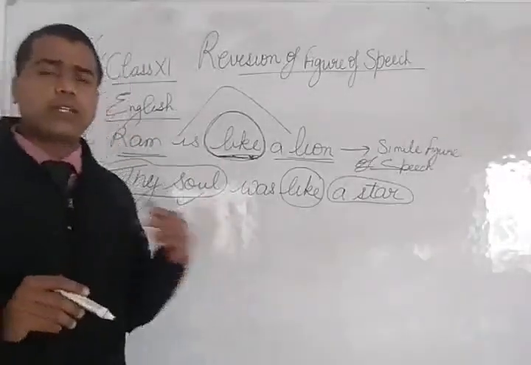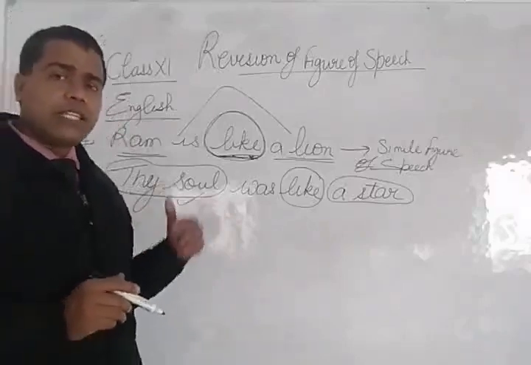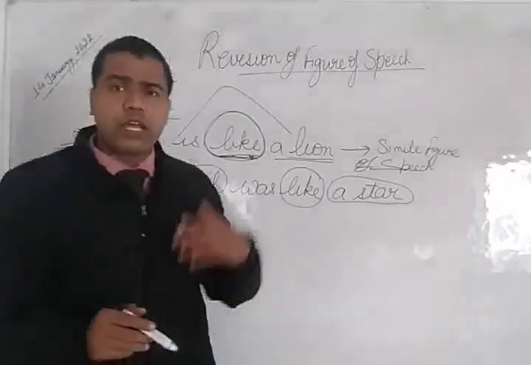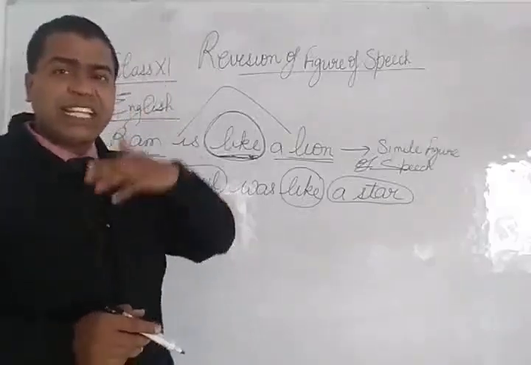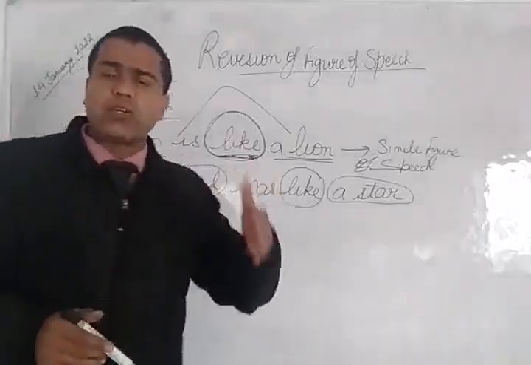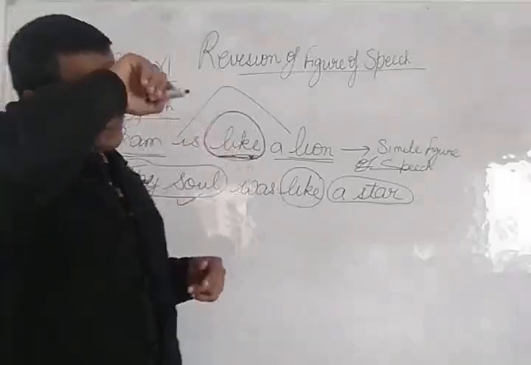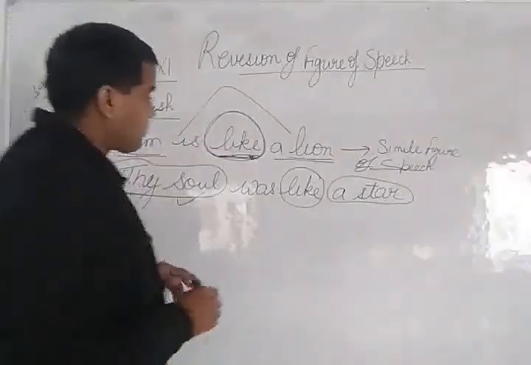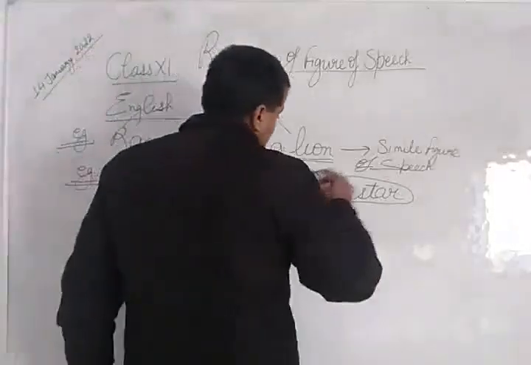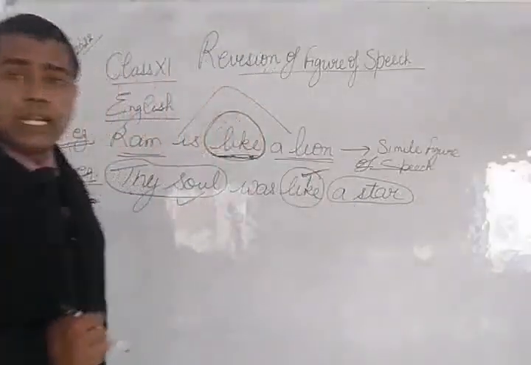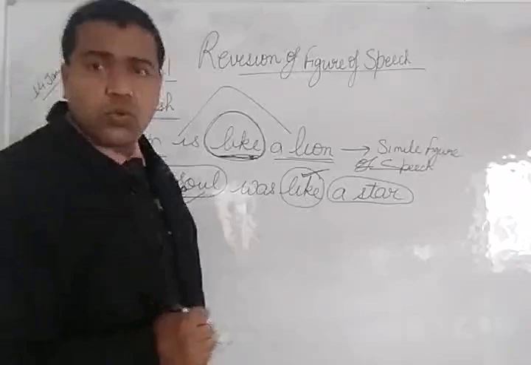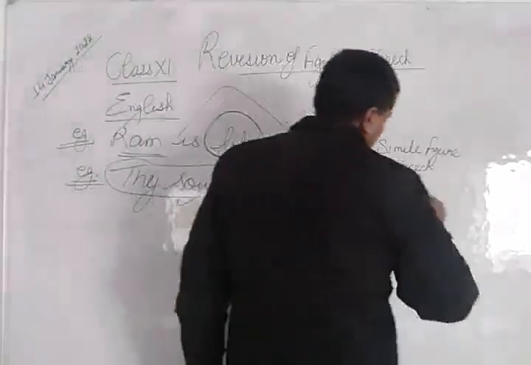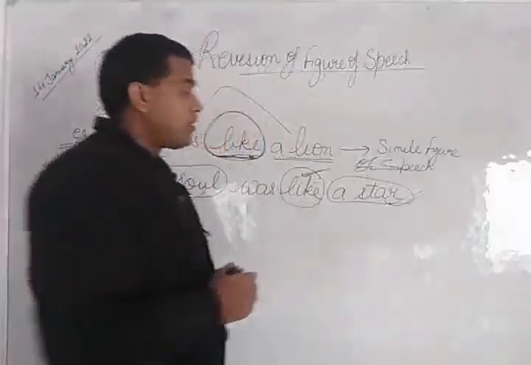Because it is assumed that after death, the soul comes out, and when you are alive, this soul is present inside you. It is said that no one has seen it. So, it is said that thy soul was like a star.